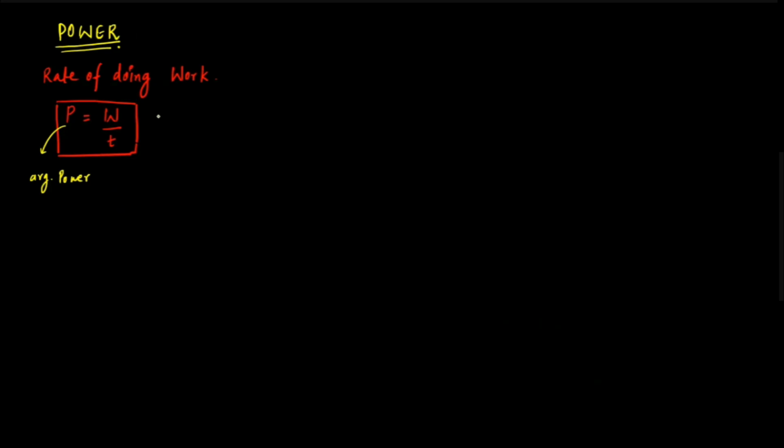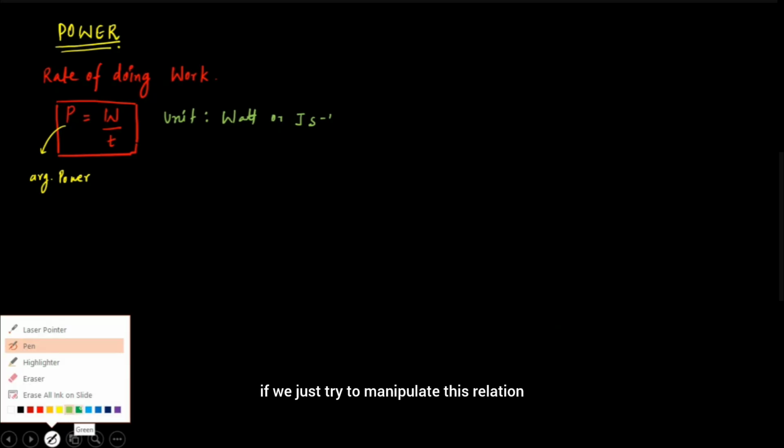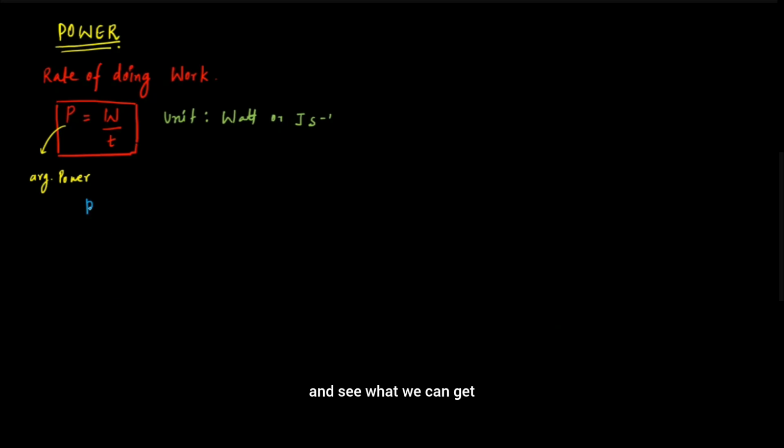Apart from this, we need to understand the unit of power, the watt, which is a derived unit. Similarly, it must have a unit as well, joules per second. So this is what power is. Now, if we just try to manipulate this relation and see what we can get apart from work done upon time.